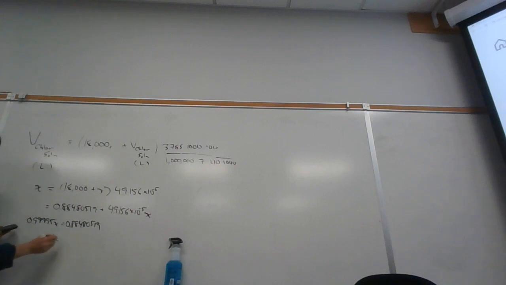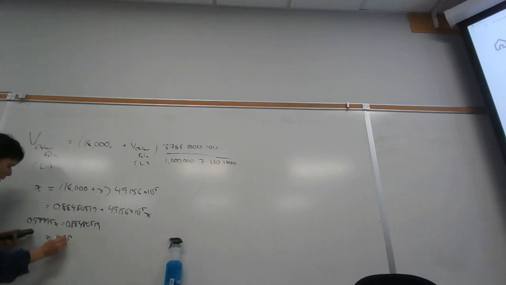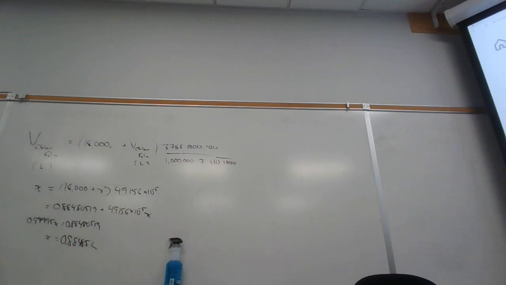And then just solve for x. So I'm going to invert this times 0.88480519. I get 0.88485 liters. All right, how many sig figs am I allowed in this problem?